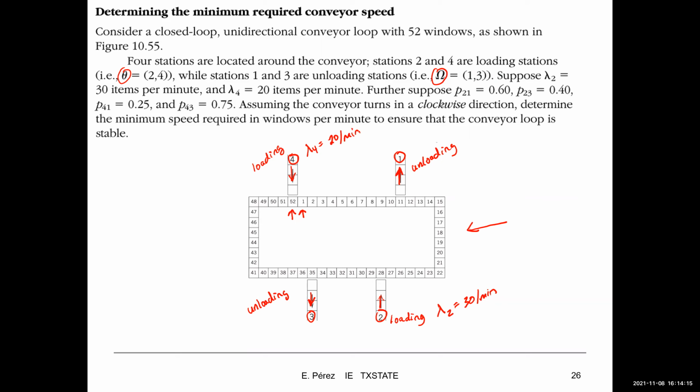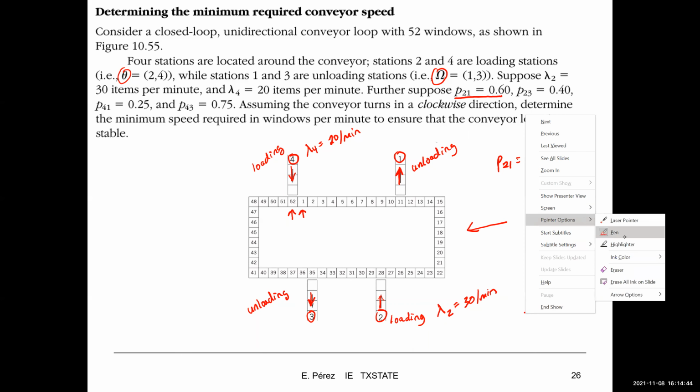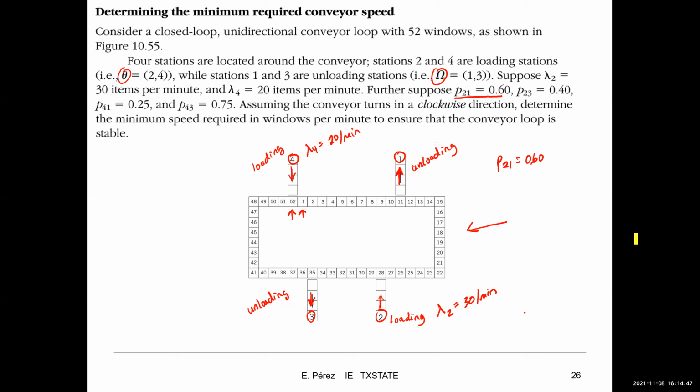Now we have the probabilities that if an item is loaded in, let's say, station 2, it will get to station 1 for unloading. That is what this means. P21 is the probability that you will start here and you will end up here.